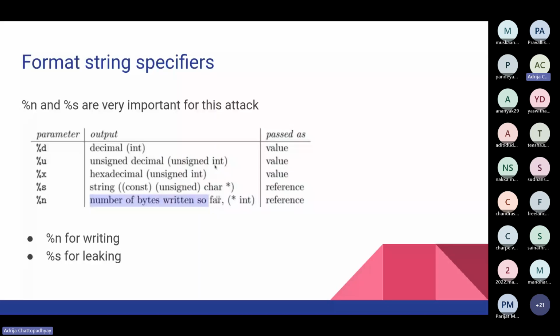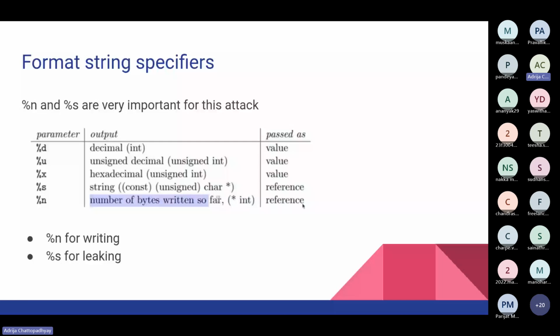So these two are special in that they take a reference, so they either read from the address present there or write to the address present there. They don't read directly.